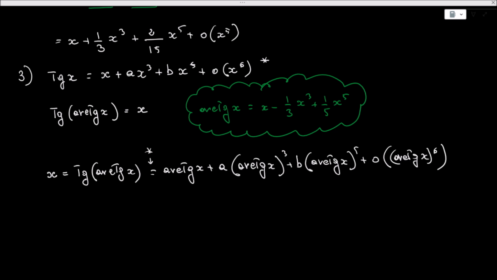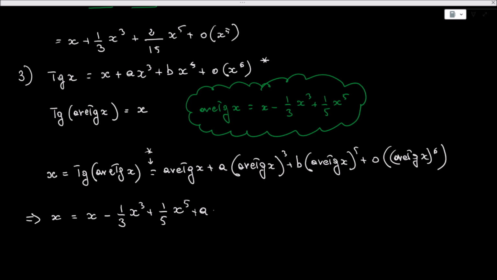And now we will be using the Taylor expansion for arctangent of x. So we have x equal to, well, the first arctangent will be expanded into x minus 1/3 x to the cube plus 1/5 x to the fifth.